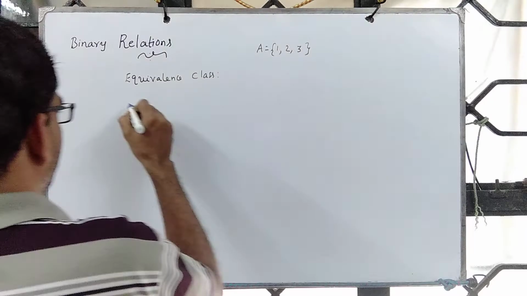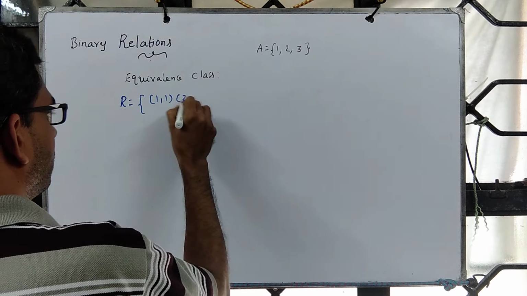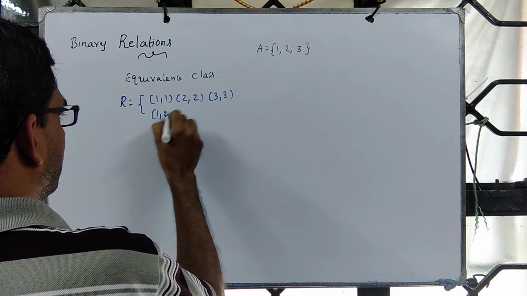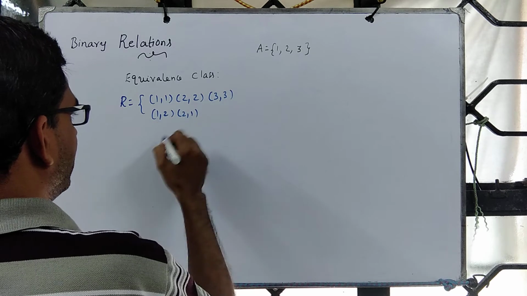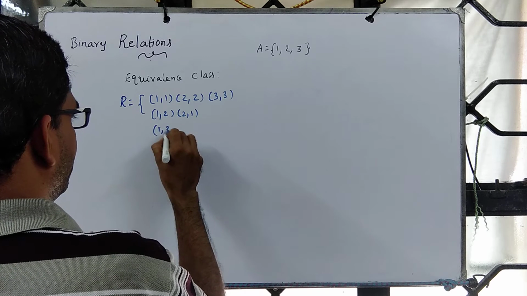Consider this equivalence relation. R is {(1,1), (2,2), (3,3), (1,2), (2,1), (1,3), (3,1)}.